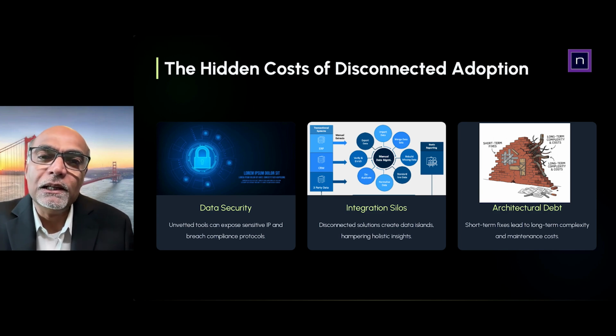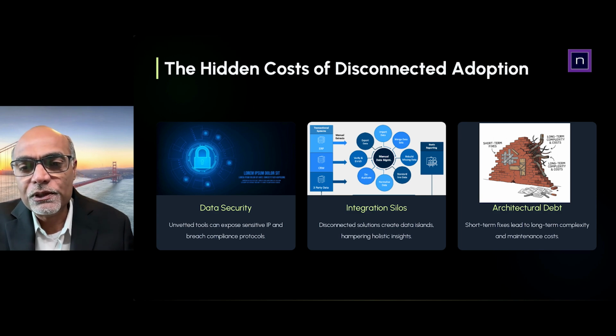The business may not be looking at this, but it becomes the IT or CIO's responsibility. The same applies to pointed solutions: if they are not properly integrated everywhere, you get disconnected systems, which create other issues and architectural debt. These are the hidden costs we need to think about.